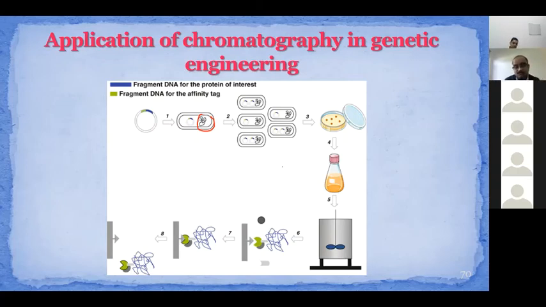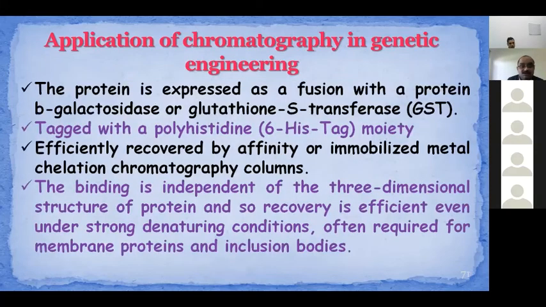So for that purpose, two important expression systems are used. In one, the gene of the protein of interest is fused with another protein, either beta galactosidase or glutathione S transferase, for efficient separation of the protein of interest from the other proteins.